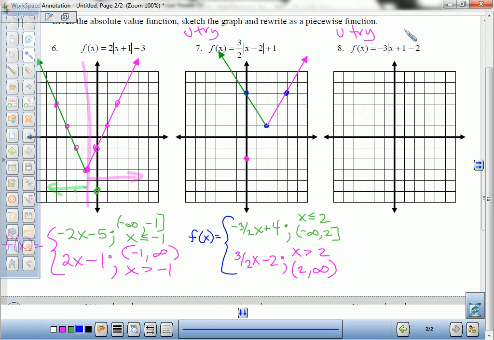Okay, next one. The translation point is negative 1, negative 2. And just for fun, we made this one open down to where you don't have much room. Just for fun.